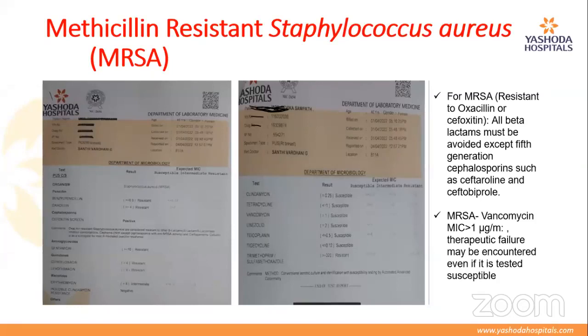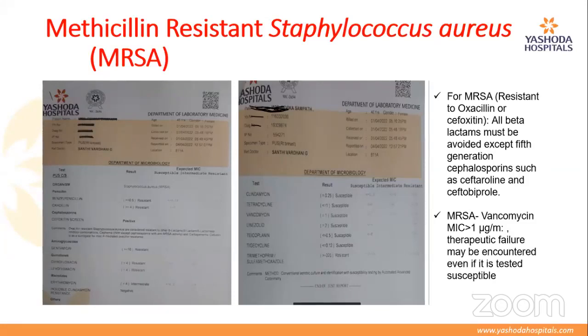These are sensitive strains. On the contrary, here again the Enterococcus faecium, again synergistic resistance is there, but here the vancomycin is resistant and teicoplanin is resistant, so it will be considered vancomycin-resistant Enterococcus. In both the cases, high-level gentamicin synergy is resistant.